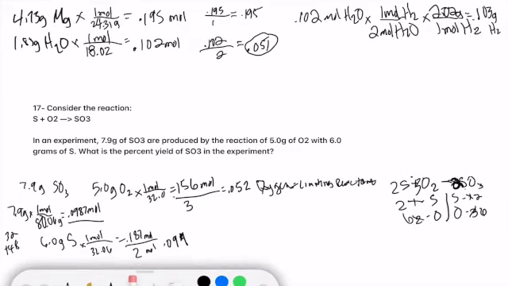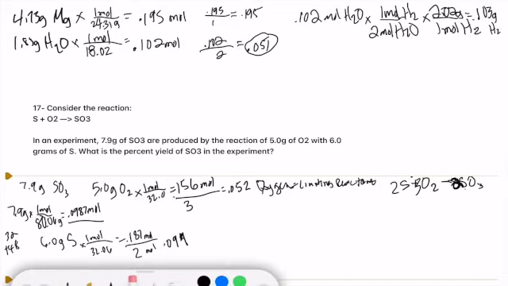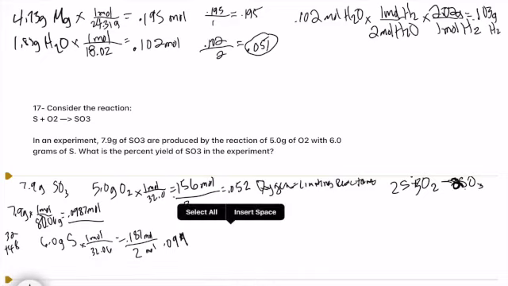So what we're going to do is calculate the theoretical yield and determine how much SO3 we could actually produce in perfect ideal conditions, which never happens, given that we're starting with 5.0 grams of oxygen and excess sulfur.